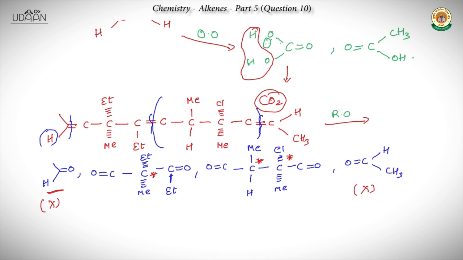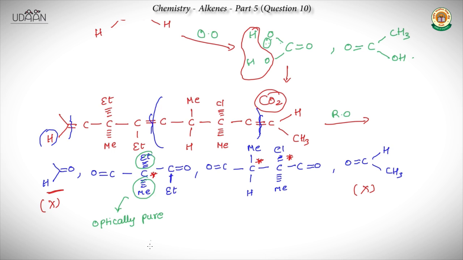Now, please make sure that for this carbon, Et and Me groups have fixed stereochemistry. In other words, this compound is optically pure, so there won't exist an enantiomer for it because these Et and Me groups are already fixed in their location.